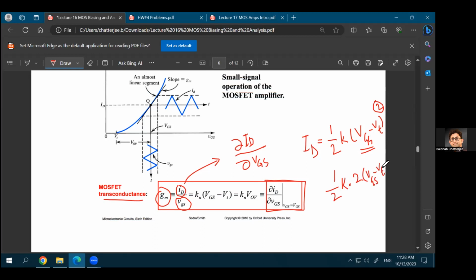When you take the derivative, you get this 2, which comes down from the squared term, and this 2 and half cancel. So you get K times (VGS minus VT), or K times overdrive, is your transconductance. As you see, this is a very simple equation: your transconductance becomes K times overdrive. That's it. And your current is half of K times overdrive squared.